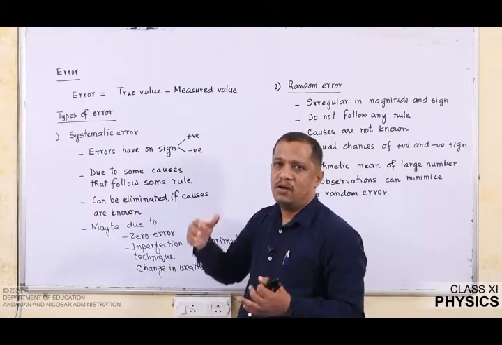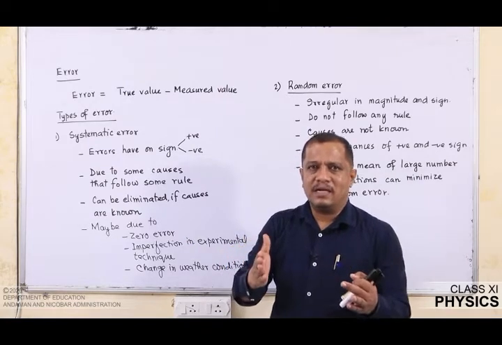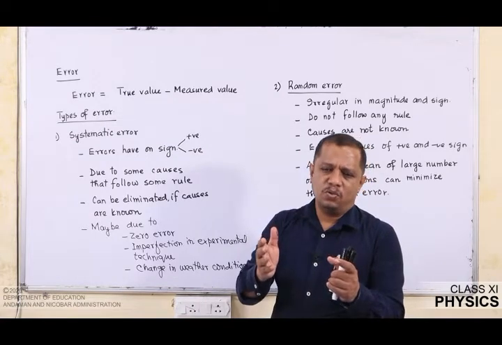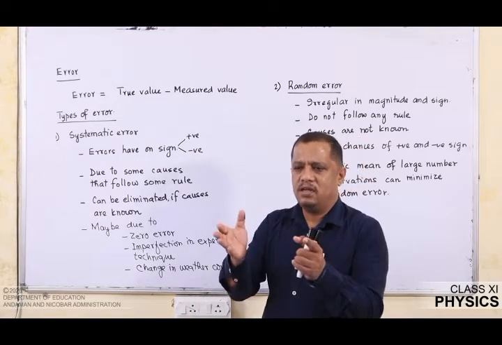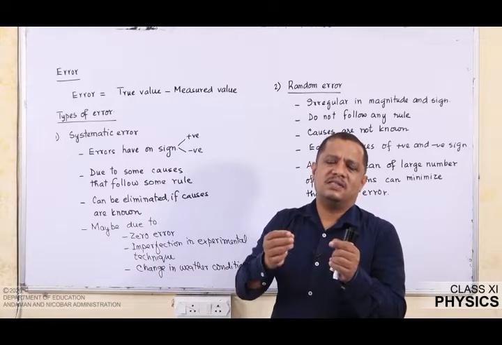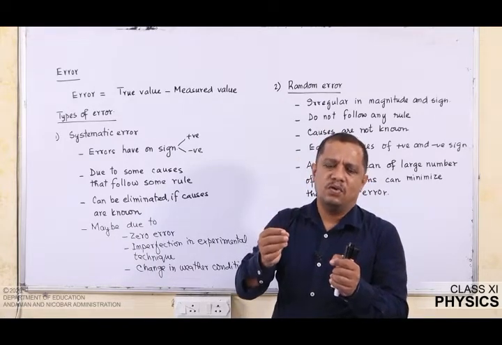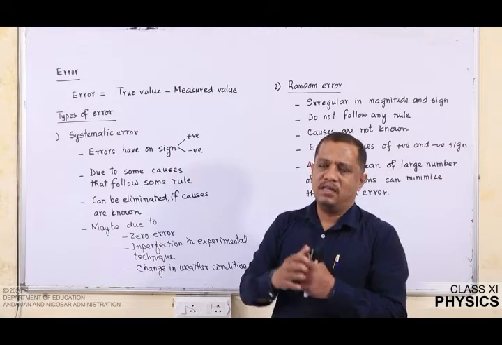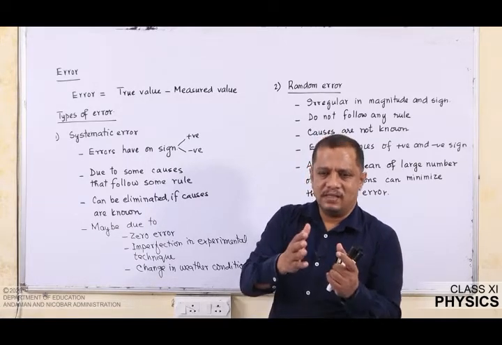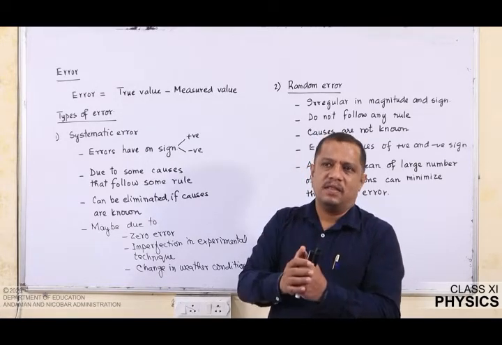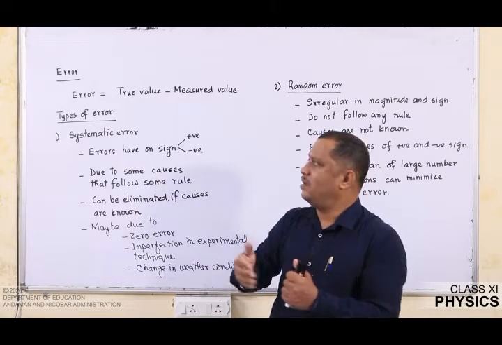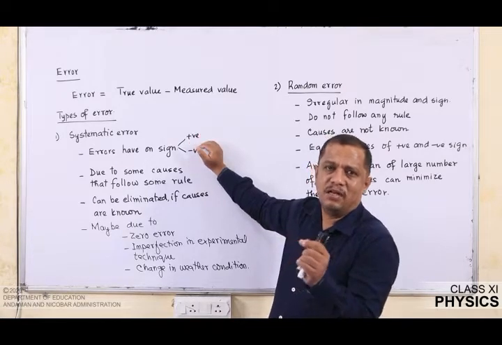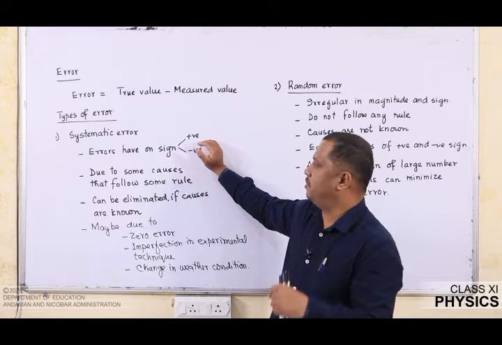That means because of the systematic setup of experiment or due to the zero error of the device, these types of errors creep in due to fault in the system of measuring the physical quantity, and therefore we call it systematic error. So whenever there is an error in the system, the error that will crop up will follow a particular sign. The error will be in positive values, or otherwise the error will be in only negative values, not positive as well as negative.